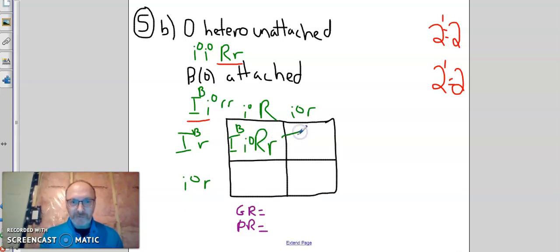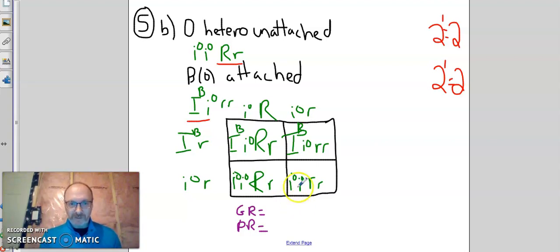And then we've got, again, I^B i^O, and then little r, little r. This individual here is i^O i^O, big R, little r. And this individual here is i^O i^O, again, twice, and then little r, little r.